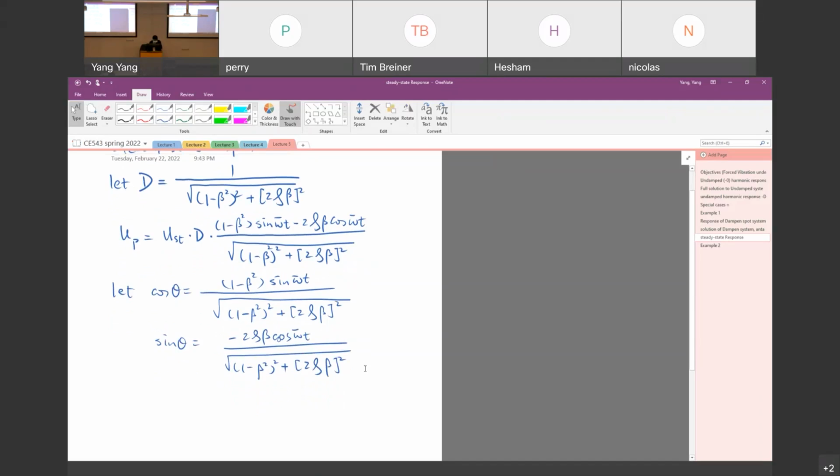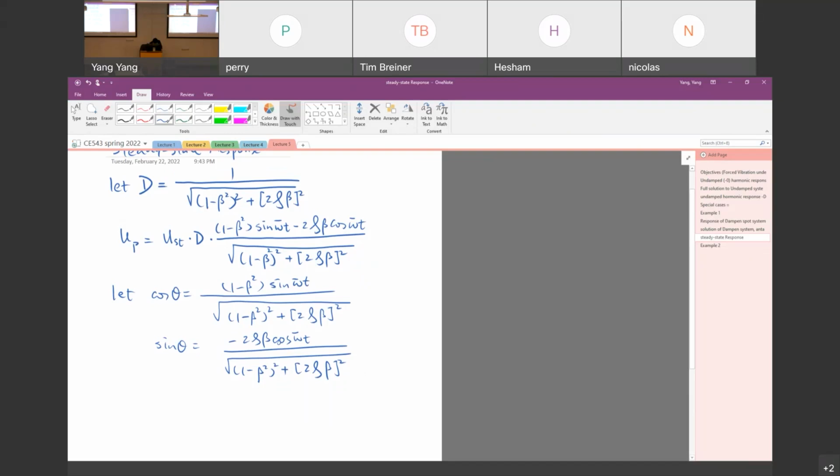And so that the steady state response can be expressed as the static displacement times D sine theta.